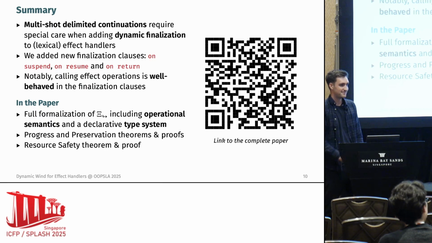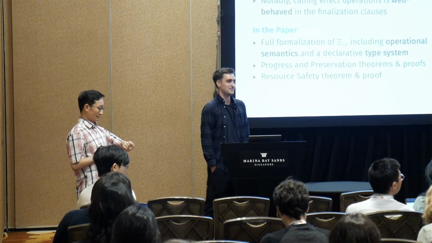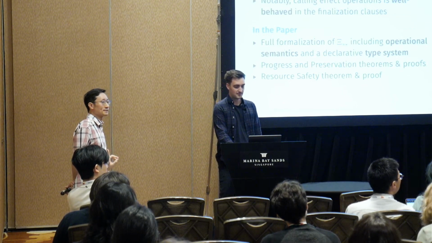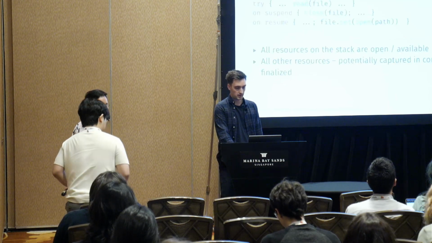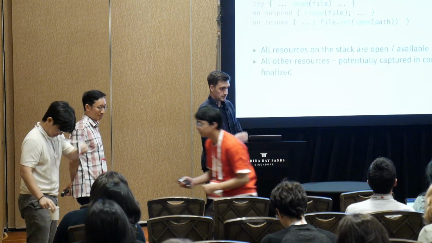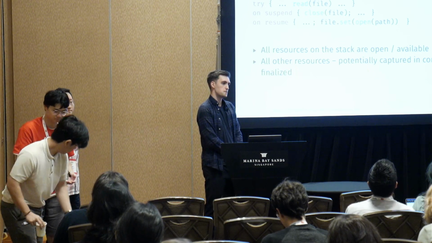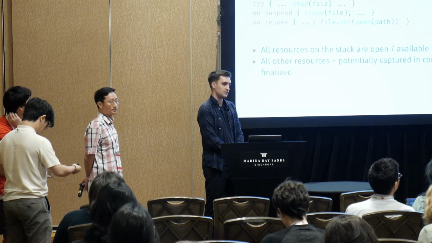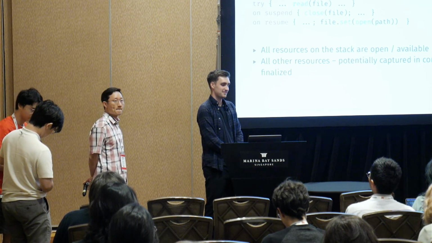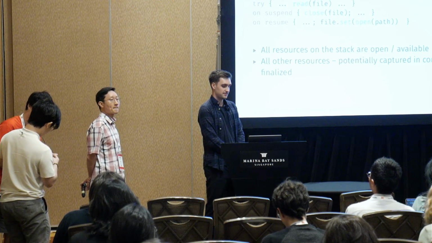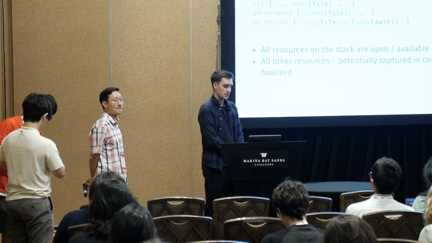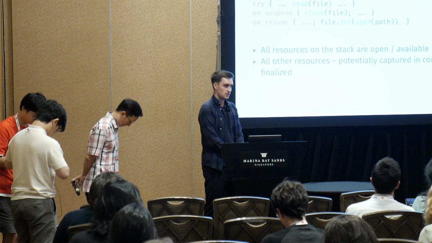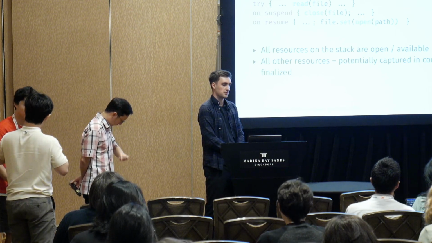Hi. Hello. Very nice talk. Thank you. So I have a question on the example with the files. Yes. Let me go back here. So to what I understand, since you have multi-shot continuations, the suspend runs once, but the resume can run multiple times, right? On suspend runs multiple times. Yes. So it's well bracketed.